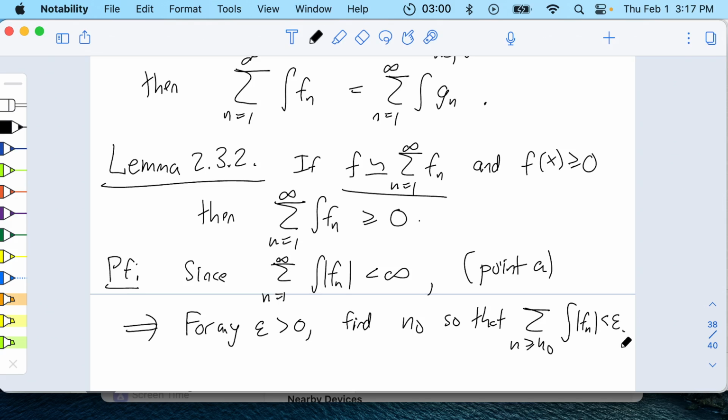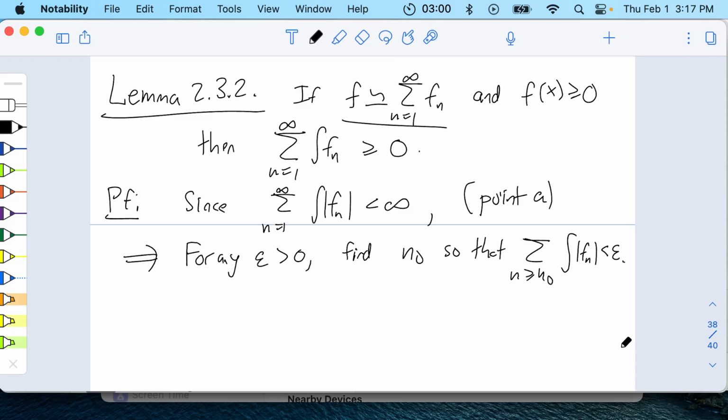That's how we're going to start. So by point A, this thing is summable. Eventually, the tail is less than epsilon.